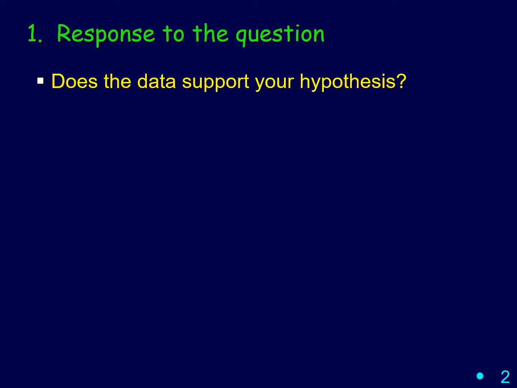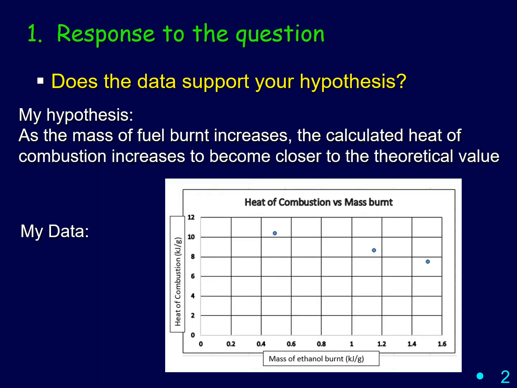Look at the data. Does the data support your hypothesis? Come to an overall judgment about that. So just looking back at my example, my hypothesis was that as the mass of fuel increases, the heat of combustion increases as well to become more accurate. What did I find?